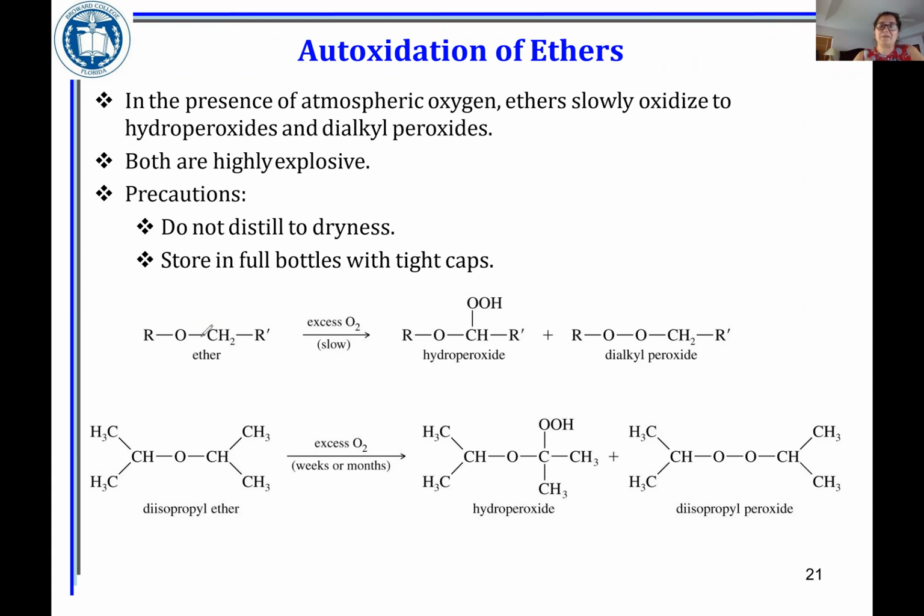When it's halfway empty, that means you have air in the head space. More air means more oxygen is available. And when you have more oxygen available in the container, and the temperature is not very cold, basically you don't keep the ether in the refrigerator, it is going to auto-oxidate. And when it does auto-oxidate, it's going to change to epoxide.